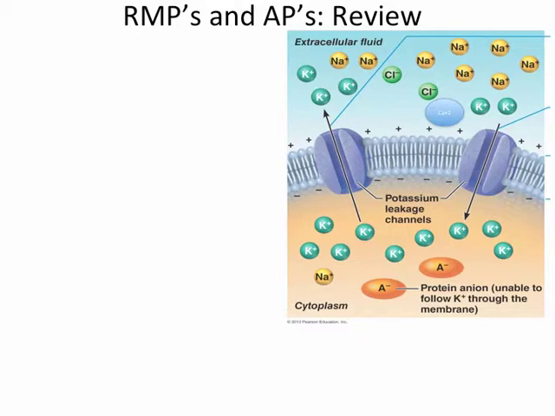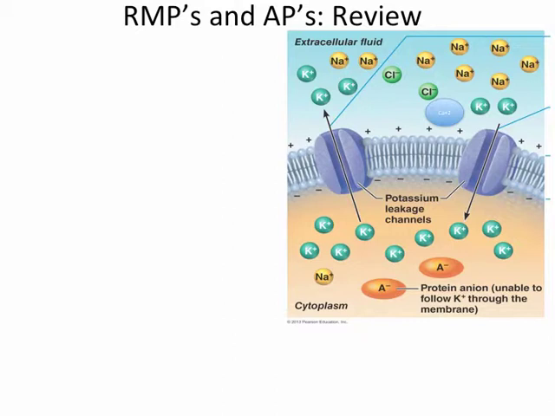If you look at potassium, that's K plus, of course. There's potassium both on the inside and the outside of the cell, but there's more potassium on the inside of the cell. There's also a chloride ion, that's Cl minus, and calcium, that's Ca plus 2.